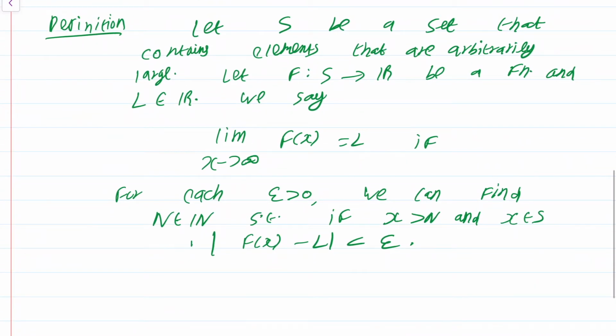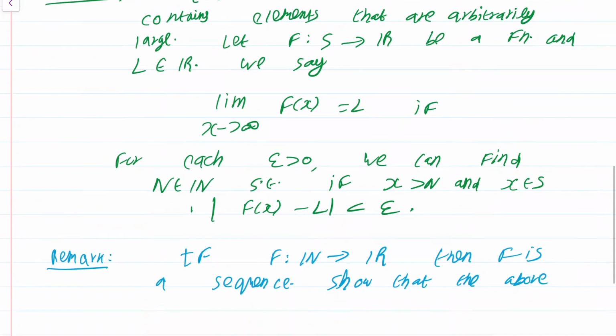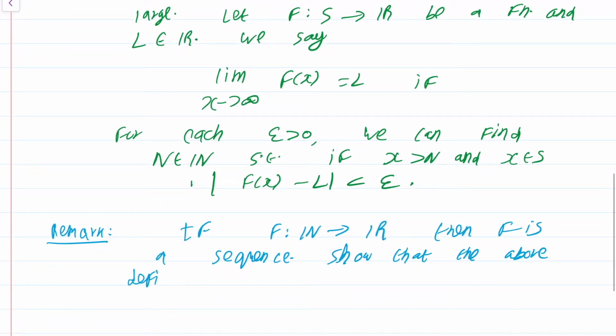Remark. If f is from N to R, then f is a sequence, right? Show that the above definition coincides with that of sequence convergence.